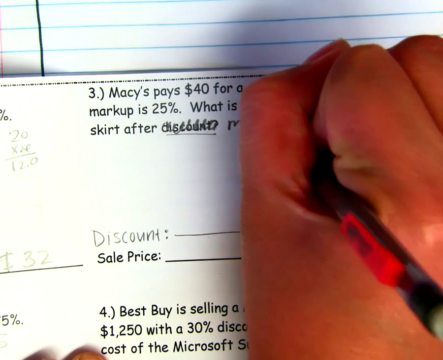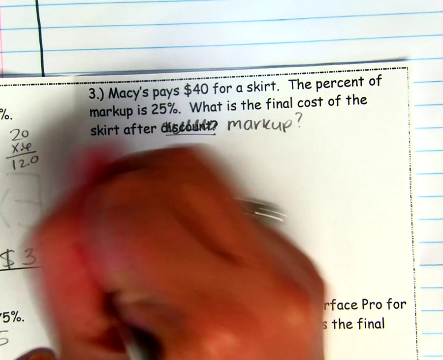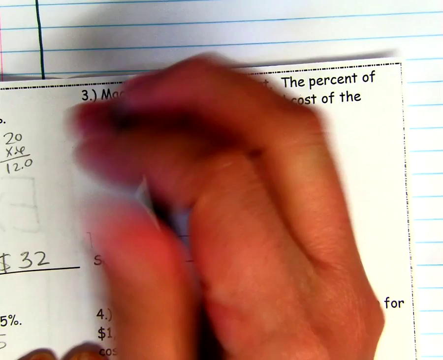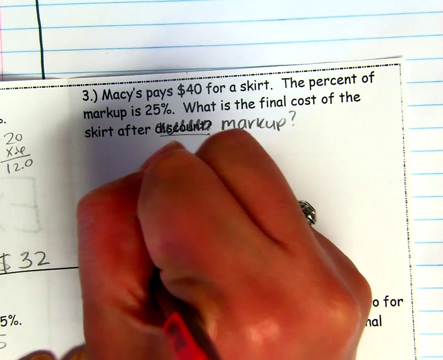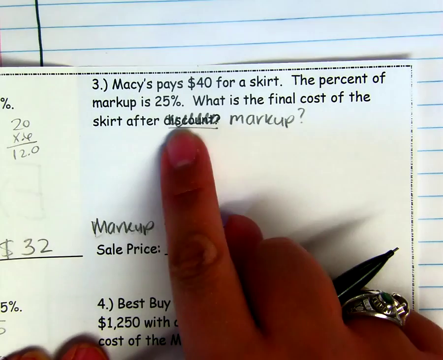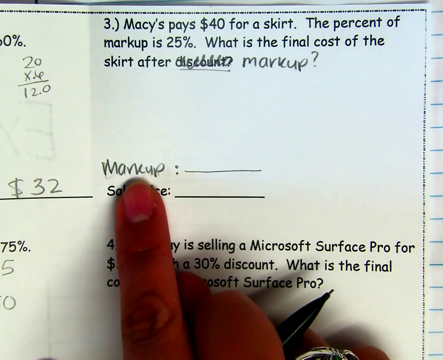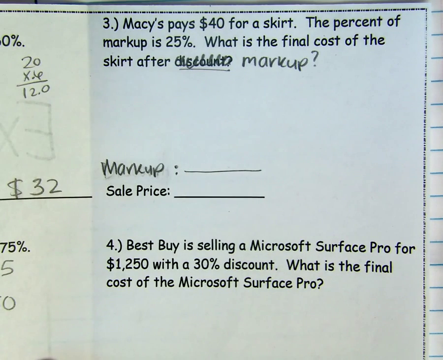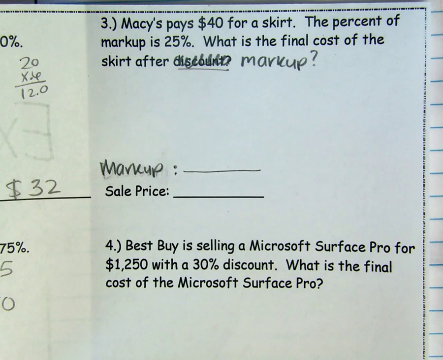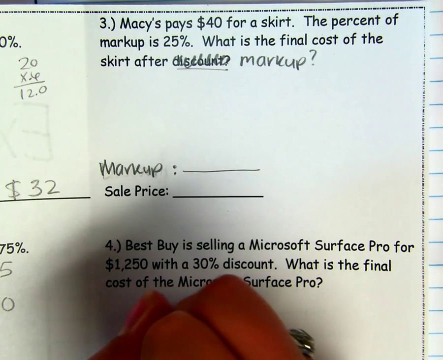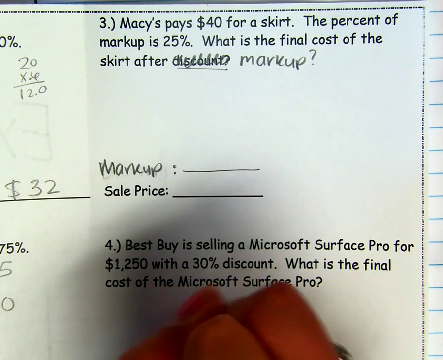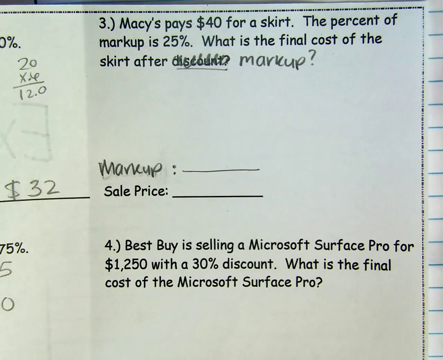Guys, I just need you to fix it. So you're going to cross it out. We're going to put markup, and then you're going to write markup instead of the discount we wrote earlier. If you wrote it in pen, just scratch it out and then fix it. Okay, so you're going to work on this with your groups.